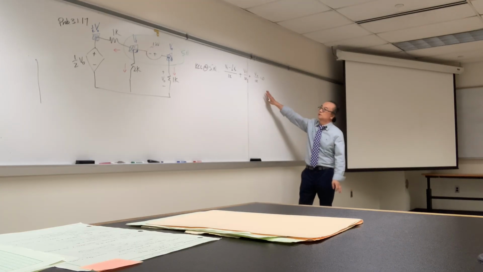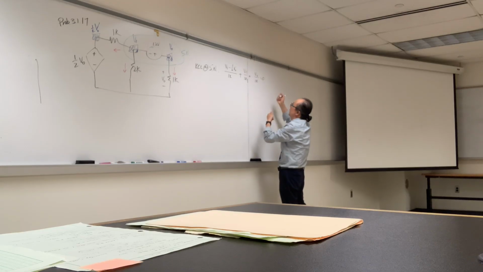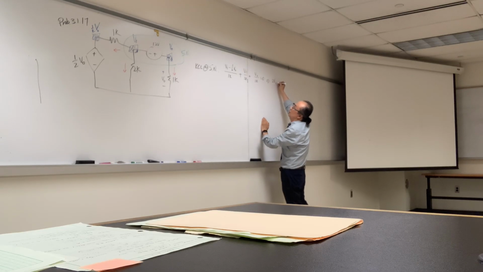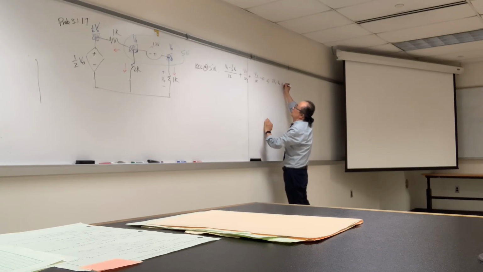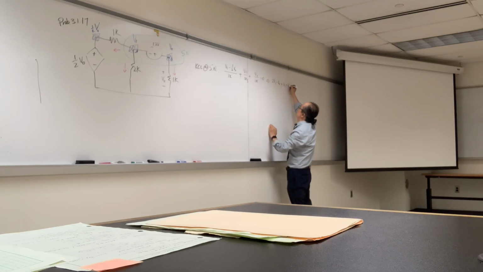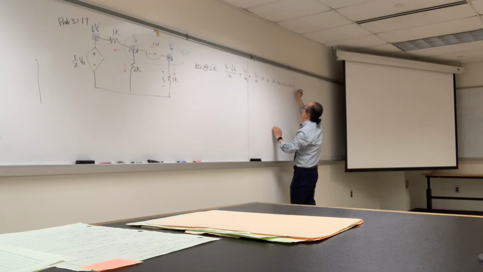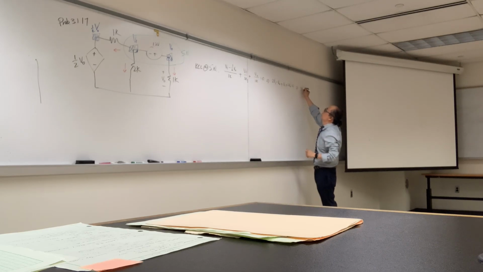We multiply everywhere by 2K. Then we have 2V1 minus V naught plus V1 plus 2V naught equals 0. And from here, we have 3V1 plus V naught equals 0.